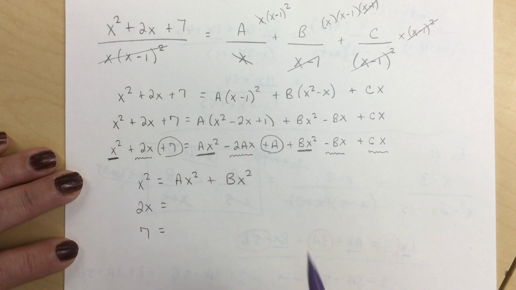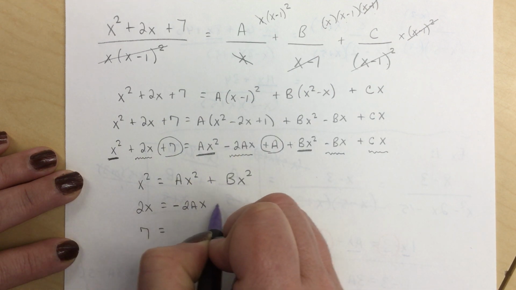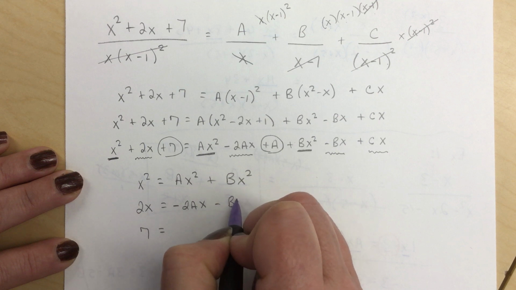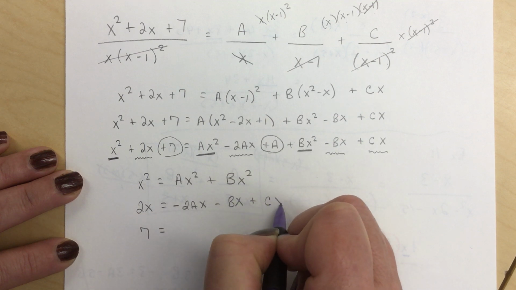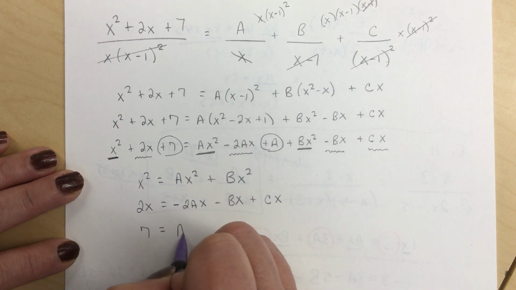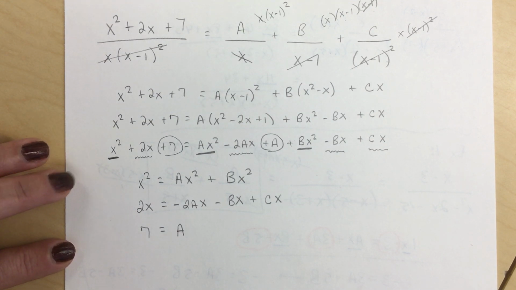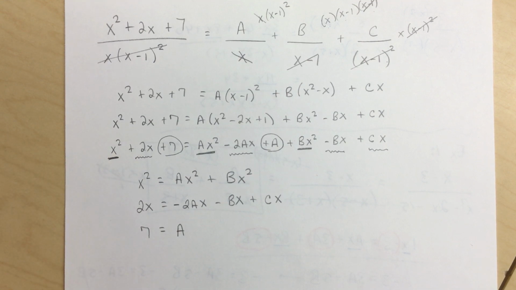And my 2x equation is going to be 2x equals negative 2ax minus bx plus cx. And my 7 equation is just going to be 7 equals a. Now this is a really important step, and it's different than what you guys have done before. Do you see where those 3 equations came from?